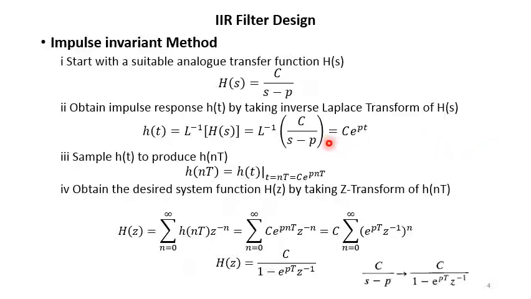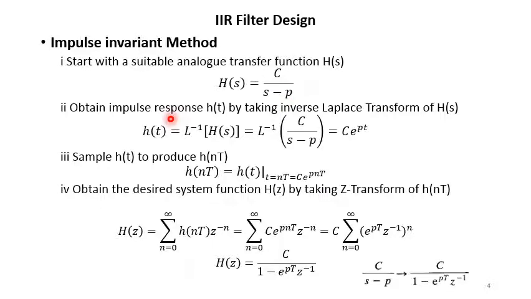So we start with the analog transfer function H(s). Let's assume that we have an analog transfer function H(s) equal to C over s minus p.